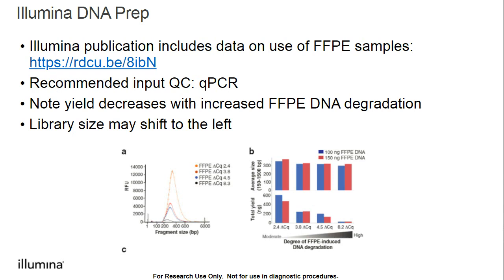We actually end up shifting the average size of the library to the left, or to a slightly smaller size. And this makes sense if we think about it: the more degraded an FFPE DNA sample is, the larger the amount of small fragments it has to begin with. And so as long as we understand these considerations, we can go ahead and use Illumina DNA Prep for our whole genome sequencing of FFPE DNA.